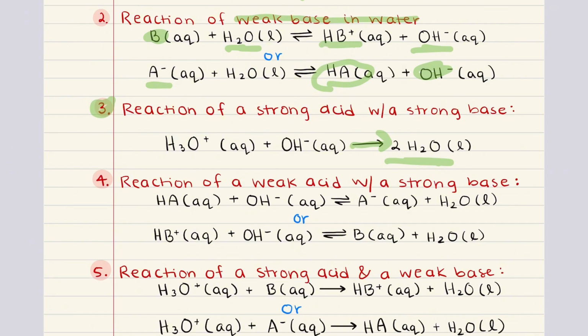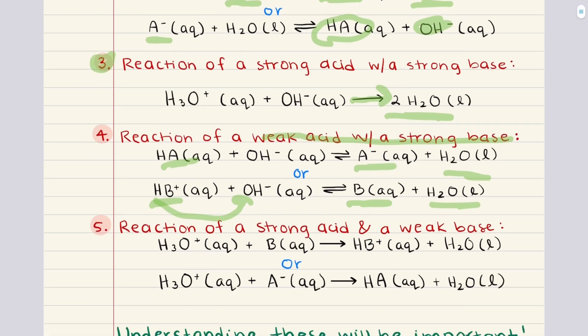The fourth type is the reaction of a weak acid with a strong base. In this reaction, the strong base accepts a proton from the weak acid, forming the conjugate base of the weak acid and water. Alternatively, a positively charged weak acid can donate its proton to the hydroxide ion, forming a weak base and water.